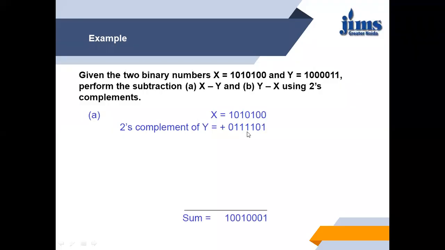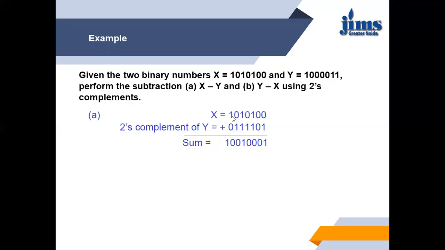Just add it, and the sum will be: 0 plus 1 is 1, 0 plus 0 is 0, 1 plus 1 is 2, and 2 is represented by 1 0. So 0 is the sum, 1 is carry. Again 1 plus 1 is 0, 1 is carry. 1 plus 1 plus 1 is 3, and 3 is represented by 1 1. So 1 is the sum, 1 is carry. 1 plus 1 is 2, which is 1 0, so 0 is here and 1 is carry.